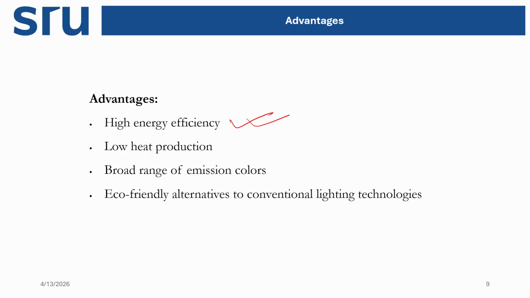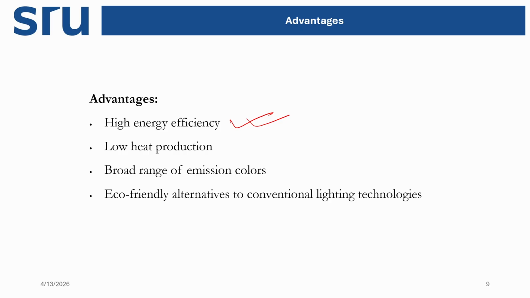So when these materials show luminescence, we lose very little energy. Whatever energy is provided in the absorption process, similar energy we get in the emission process. So energy loss is less, and that's why it is called high energy efficiency.